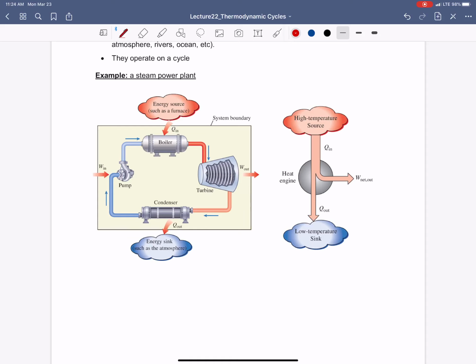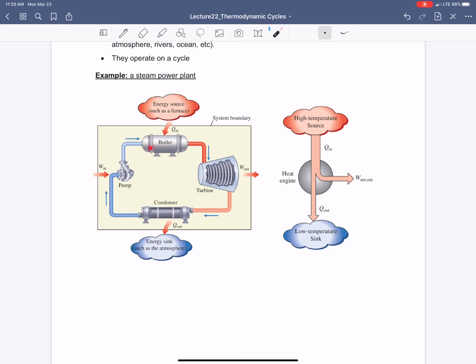Even though we are going to learn a lot more details about a steam power plant or a Rankine cycle, if you look briefly at how this plant is made, we can find as main components a pump, a boiler, a turbine, and a condenser.